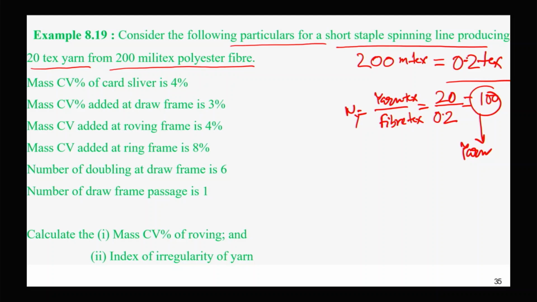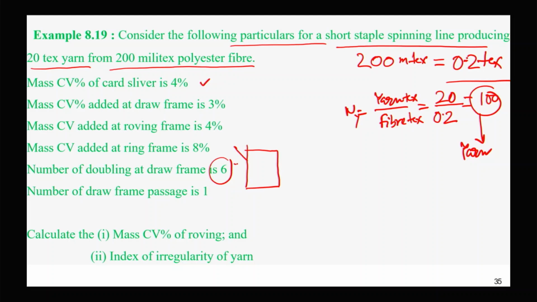And then the story is that the mass CV of card sliver, that is carding sliver, is 4%, and the number of doubling at the draw frame is 6.